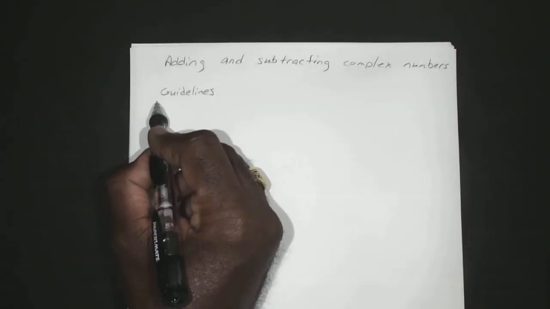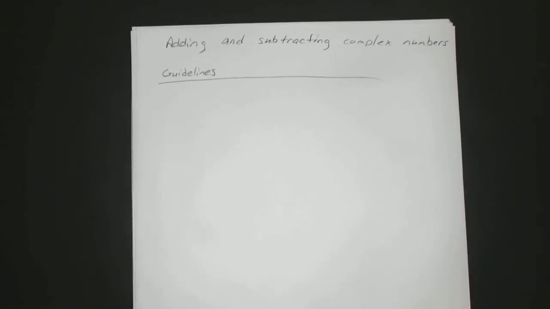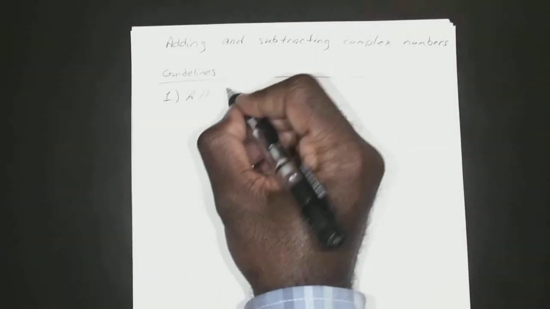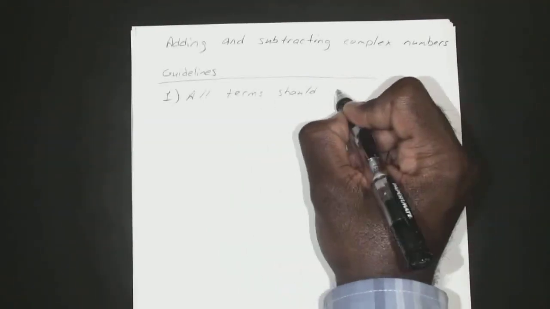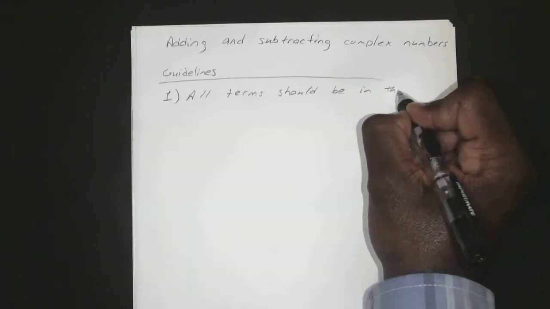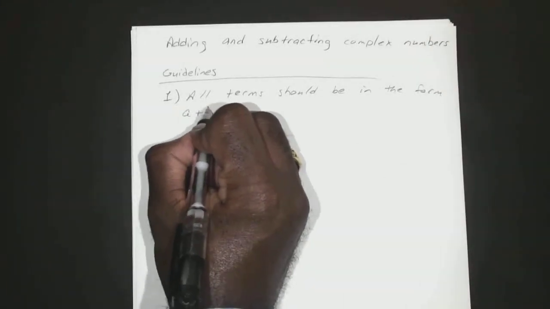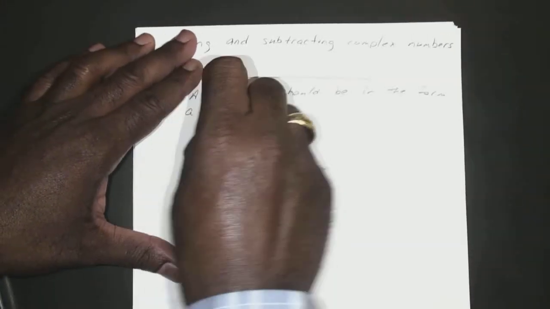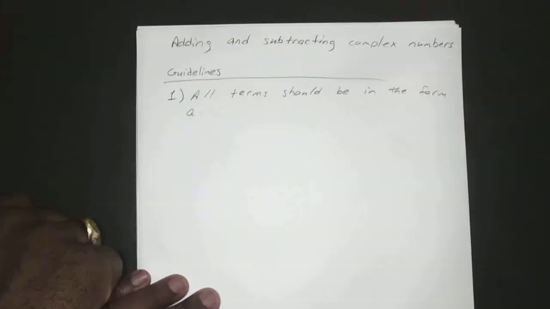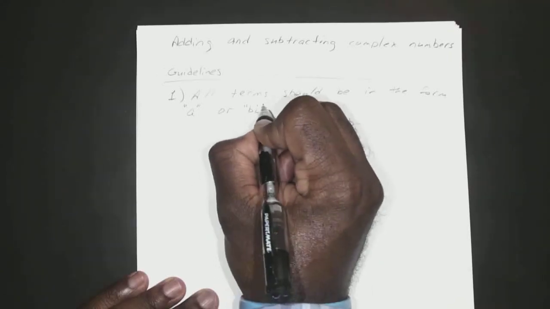Okay, so a few steps or guidelines. First thing you want to do is make sure that all terms should be in the form a plus bi, or a or bi.